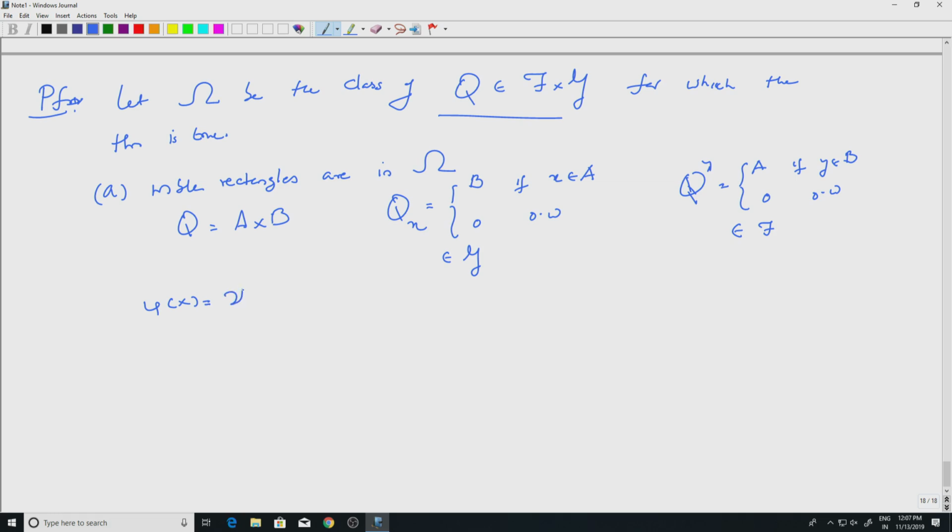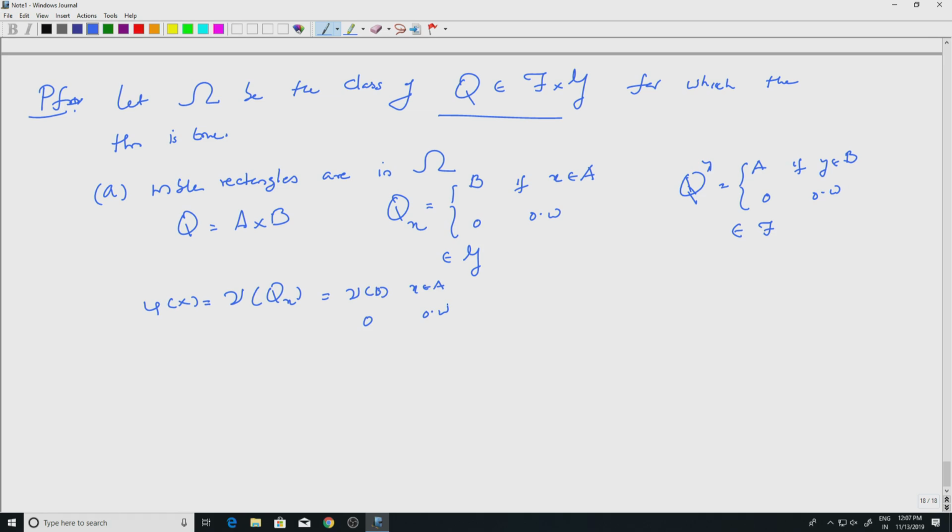So that is nu of Q sub x. Maybe I should be a bit more careful here. Phi of x is nu of Q sub x. So what is nu of Q sub x? Nu of Q sub x is nu of B if x is in A, 0 otherwise.